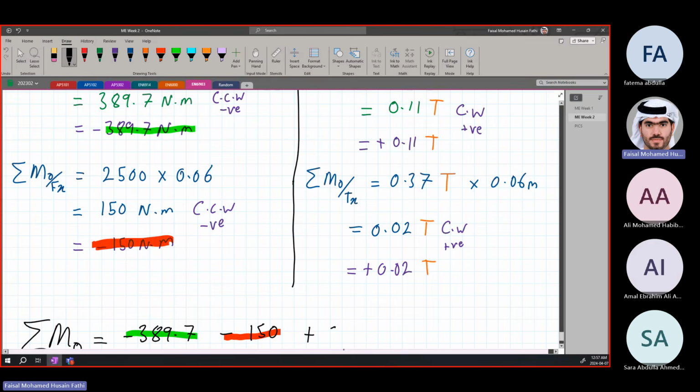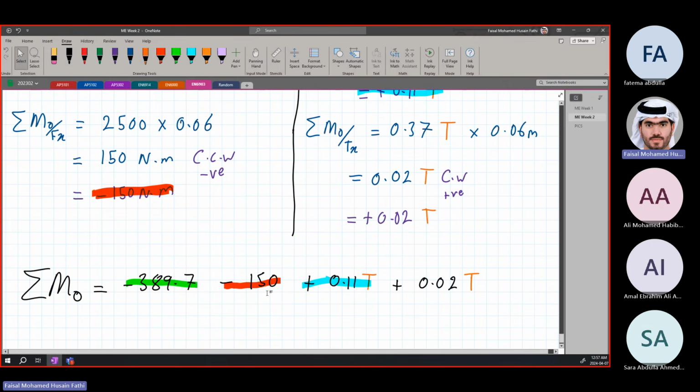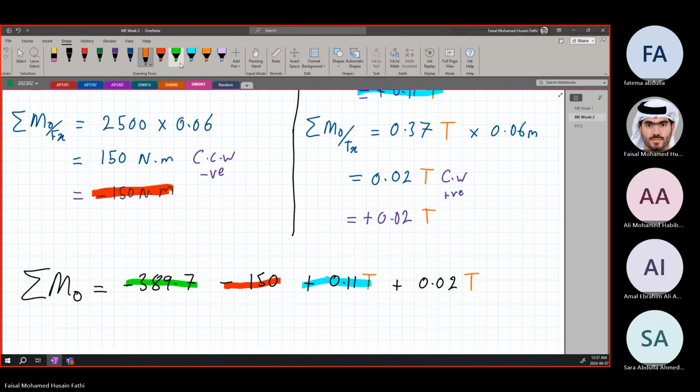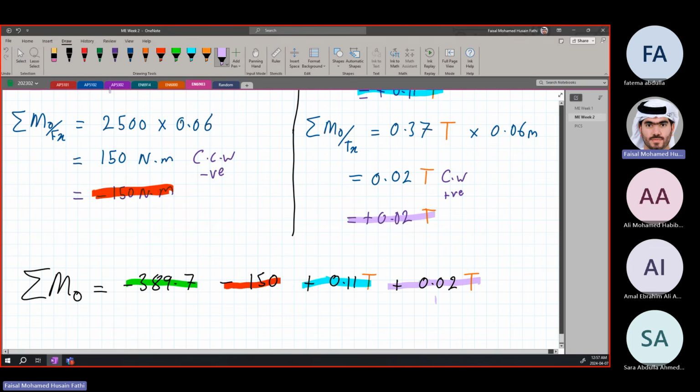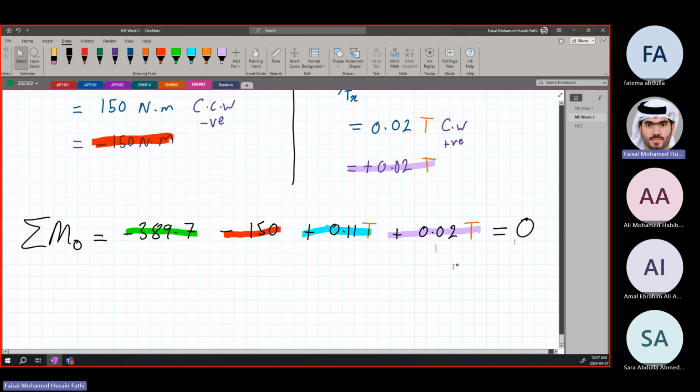Plus 0.11 T. This is coming from this one over here, 0.11 T plus 0.02 T. All right, we're just going to put them in all together with the units. This is coming from here, and the plus of course. And this will all be equal to zero because that's what we're trying to achieve, equilibrium and no bending.